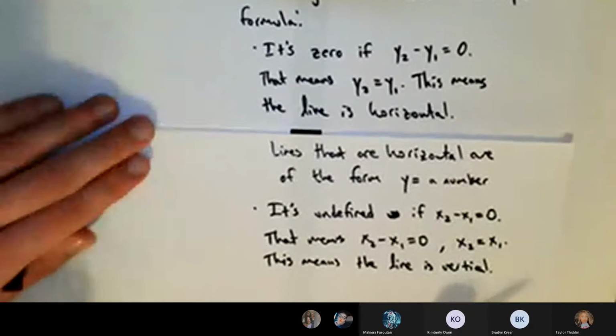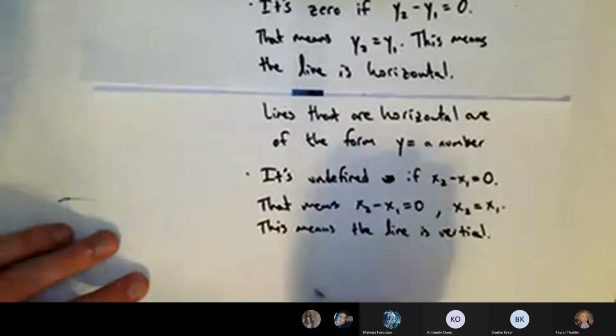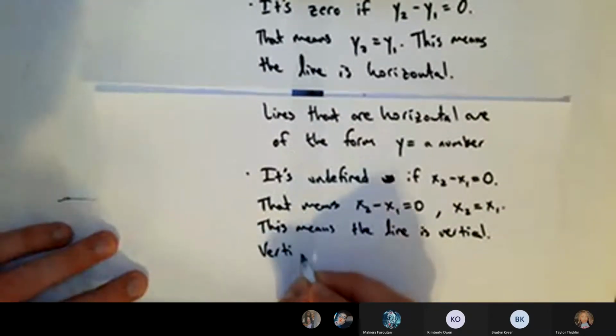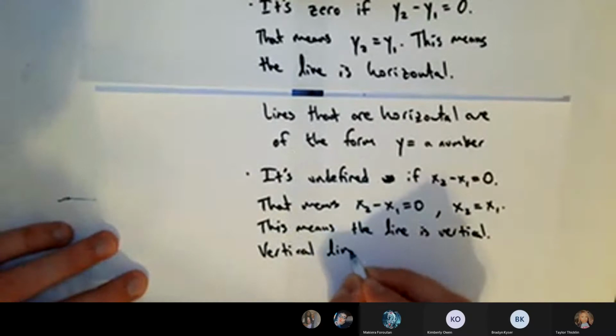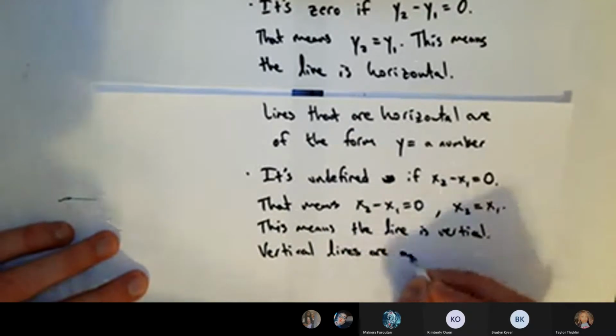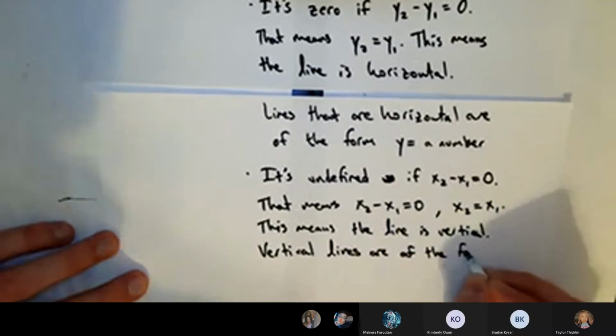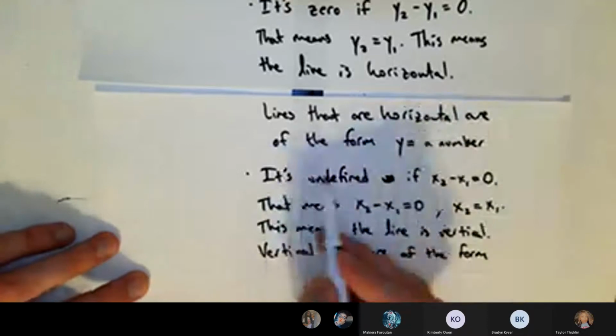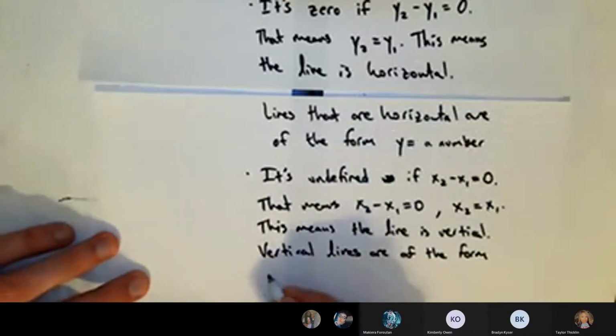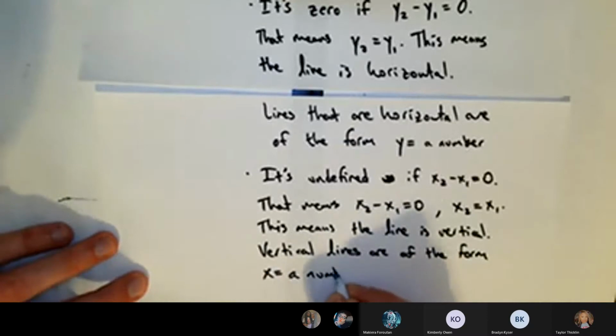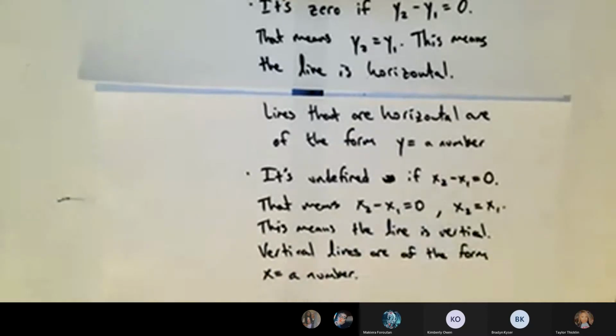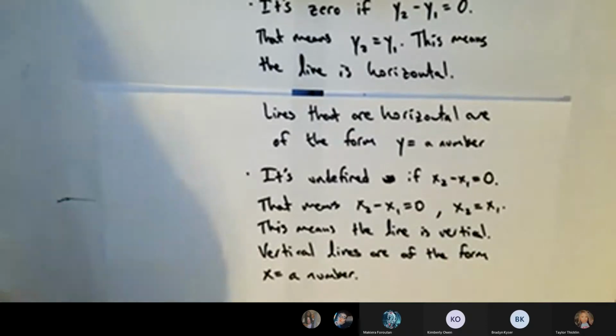And then vertical lines are of the form, now, horizontal lines are of the form y equals a number, so you may have already figured out vertical lines will be of the form x equals a number. Okay.